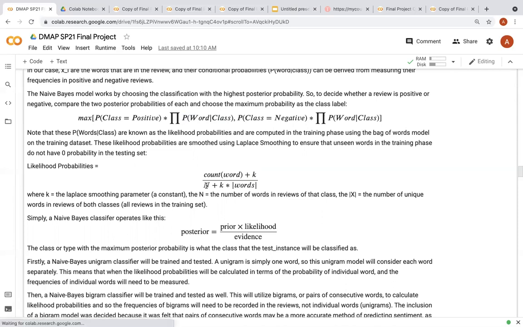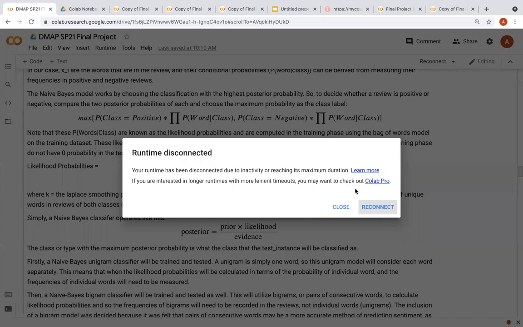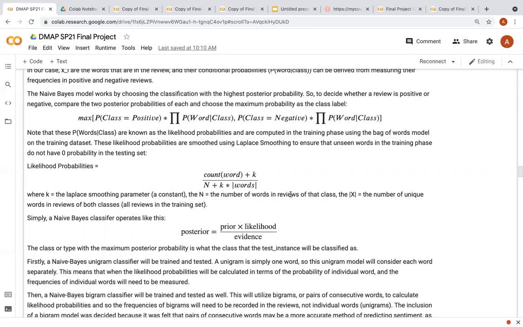Same thing with negative. And this magnitude of x, or magnitude of words, is the number of unique words in reviews of both classes. But since there are only two classes, it's the number of unique words in all of the reviews of the training set.